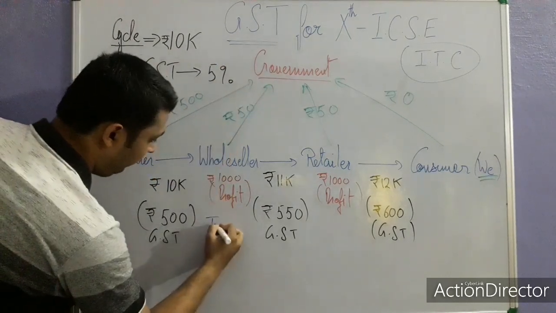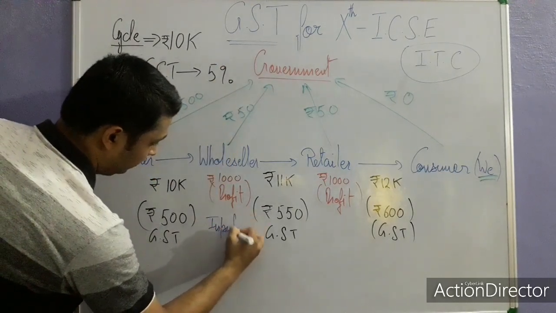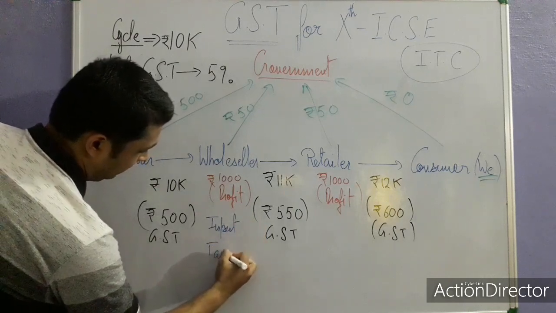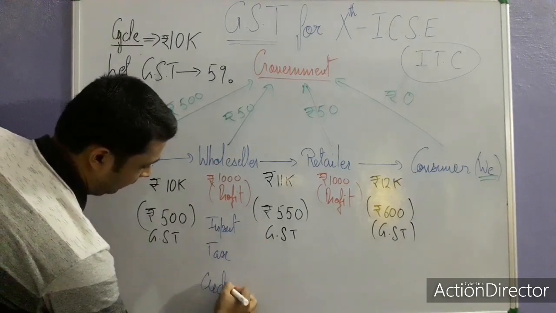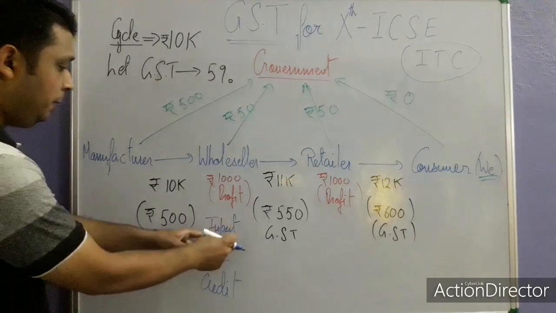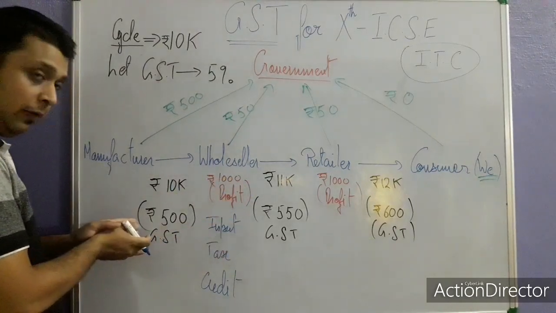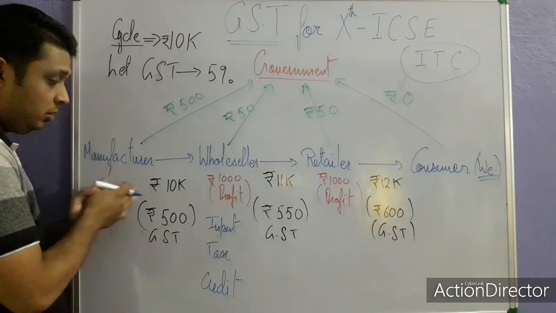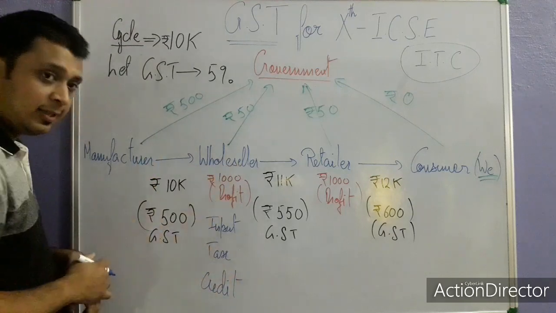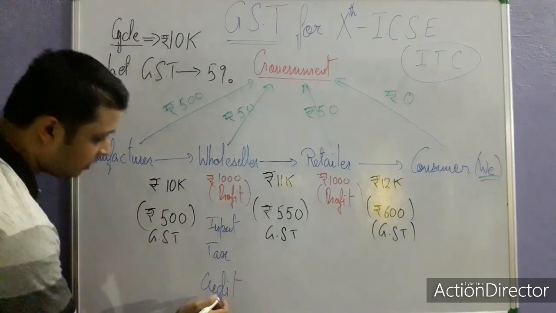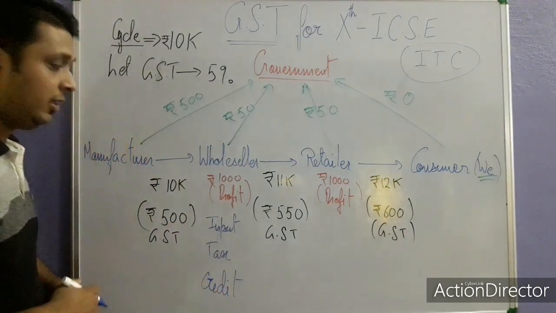So this 500 is the input tax credit, isn't it? Now, input means he has given 500 to the manufacturer. And so what is this? This is the tax. Now let us understand how this is credit. Clear?